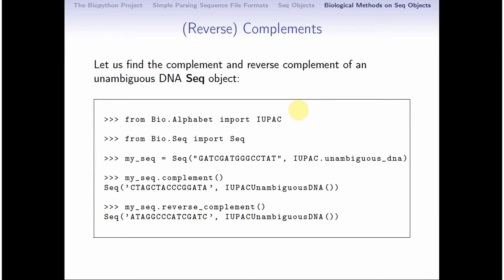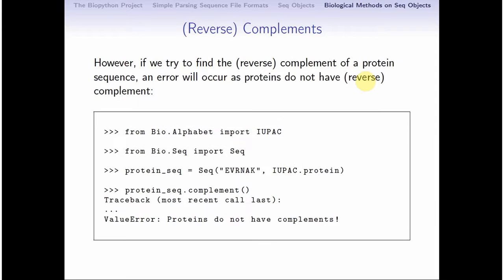For example, we want to find the complement or reverse complement of this unambiguous DNA sequence. All you need to do is call dot complement. G will change to C, A will change to T and so on. For reverse complement, it will reverse it and find the complement. This is how you find the reverse complement and complement of a DNA sequence.